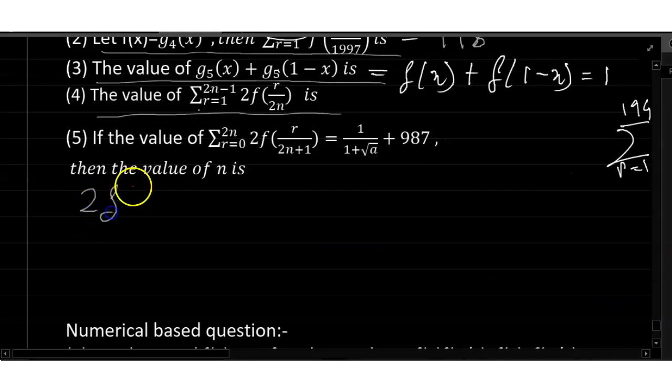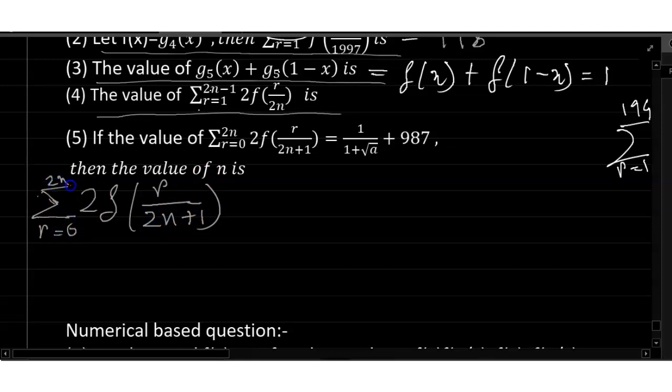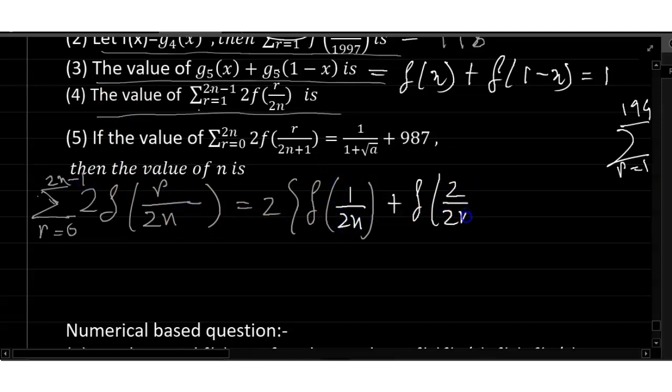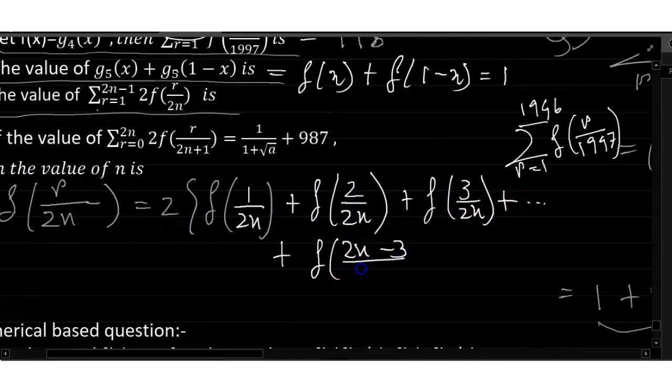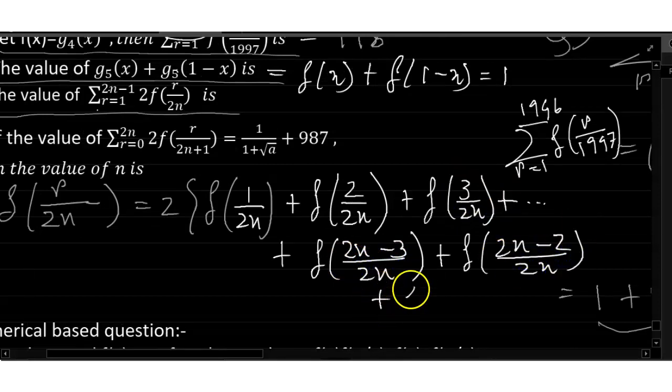Let's see the fifth problem. Summation r equals 0 to 2n of 2 f(r/(2n+1)). So it can be written as 2 times f(1/2n), f(2/2n), f(3/2n), up to f((2n minus 1)/2n).